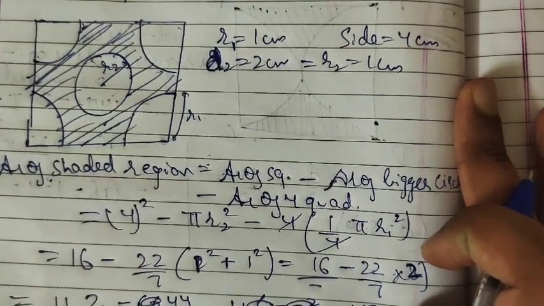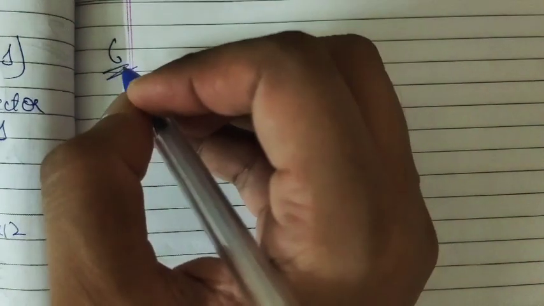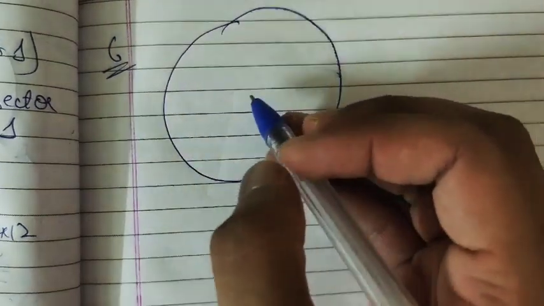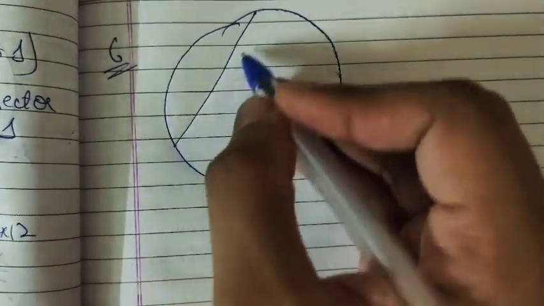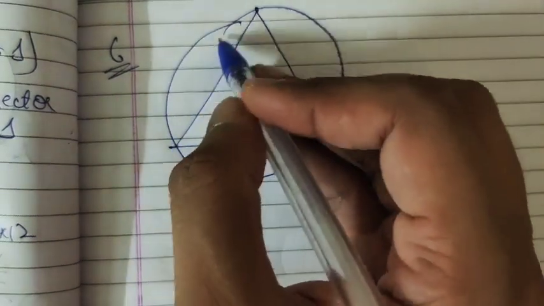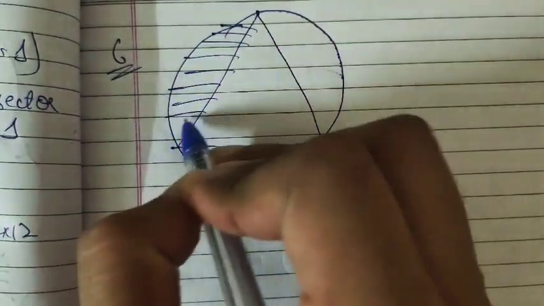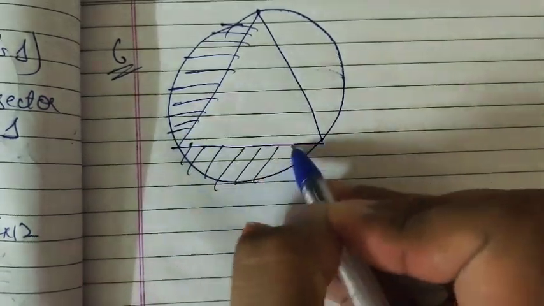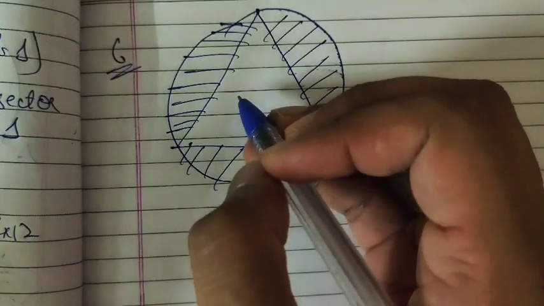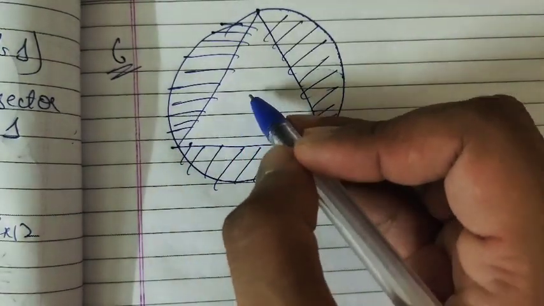Next we have question number 6. So in question number 6 it is given that a table cover pattern is there, right? Let us draw this figure and in this way, and this is the pattern whose area we want to determine, and this is a circular table with radius 32 centimeter.